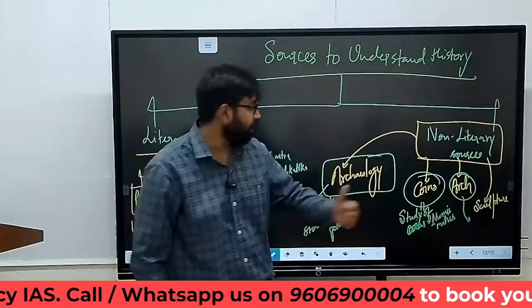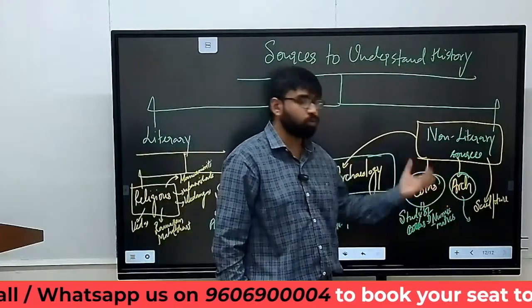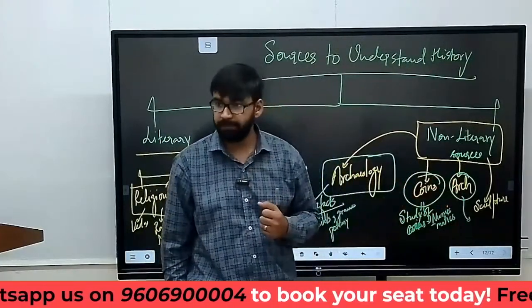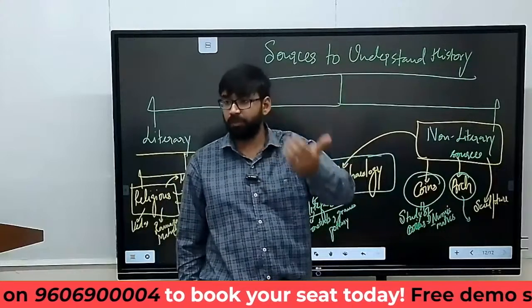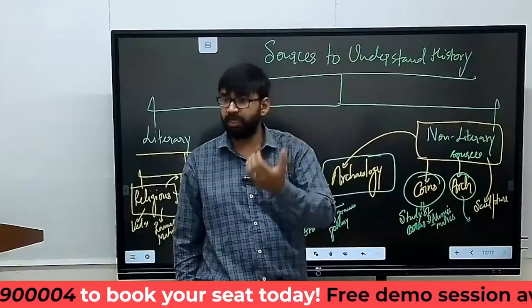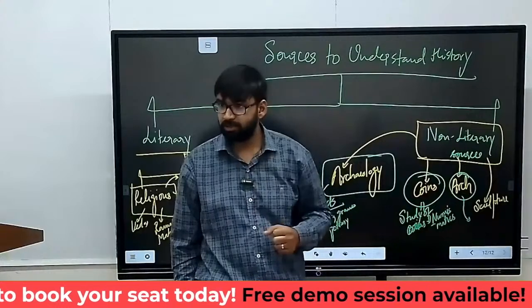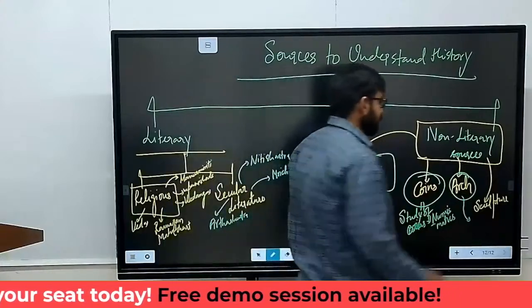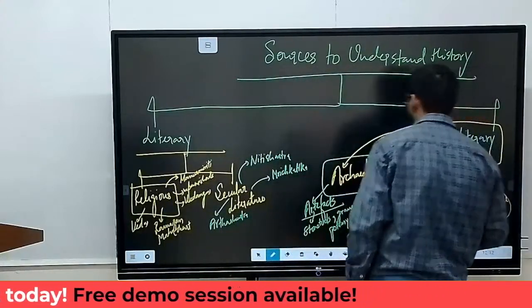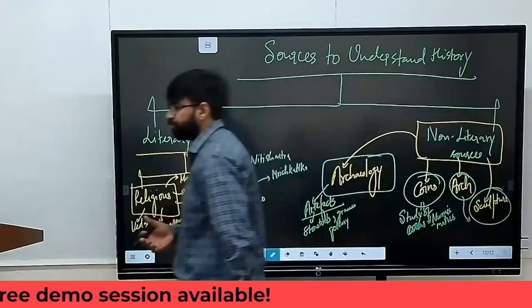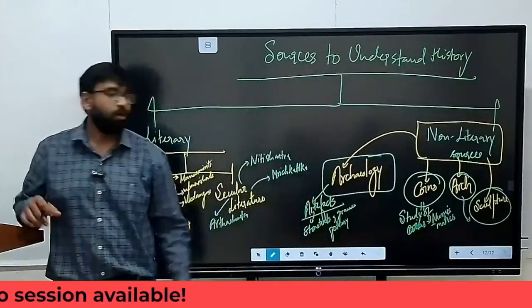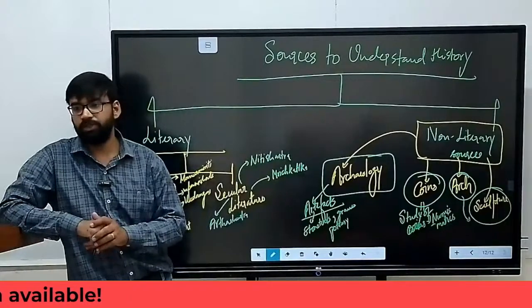Getting my point? So architecture is also a source for empires. Clear? For example, Mahabalipuram gives us the evidence of the Pallavas. Clear? Sculptures like different idols, different arts. Clear? Also gives evidence of history.